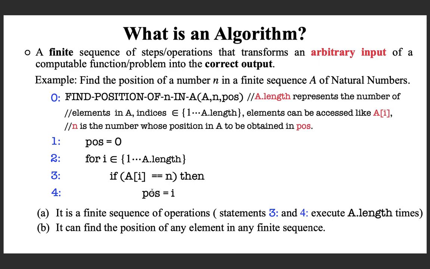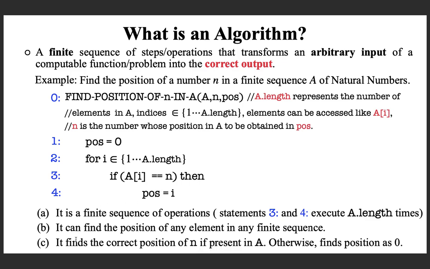You can observe that it can find the position of any element in any finite sequence. If you pass any finite sequence and an arbitrary element, then the procedure can find the required solution.